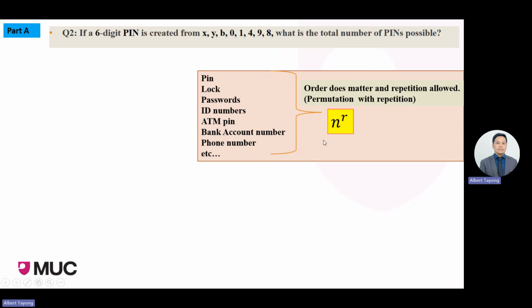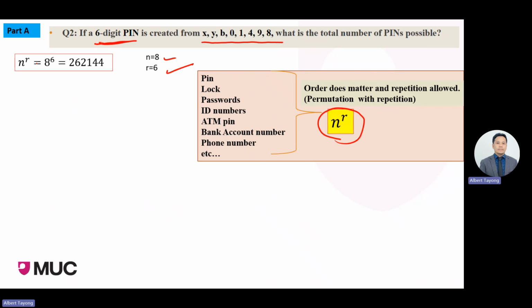Okay, so here our n is equal to 8 because we have x, y, b, 0, 1, 4, 9, 8, and r is equal to 6 because we're going to create a 6-digit pin. So using the formula, we have n raised to the power of r, 8 to the 6 is 262,144.